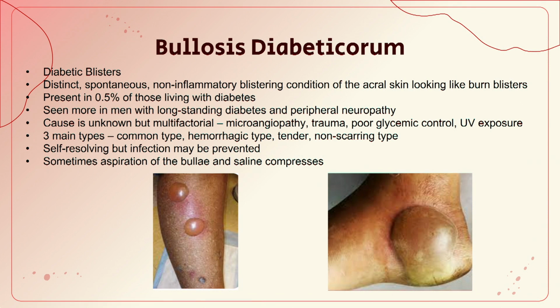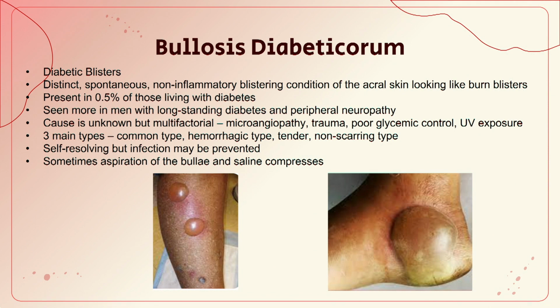We also have this bullosis diabeticorum, which is slightly more common than the previous two I described. These are distinct, spontaneous, non-inflammatory blisters on the acral skin looking like burn blisters. And they are more seen in men as compared to women, especially when there is long-standing diabetes and also peripheral neuropathy in tandem.